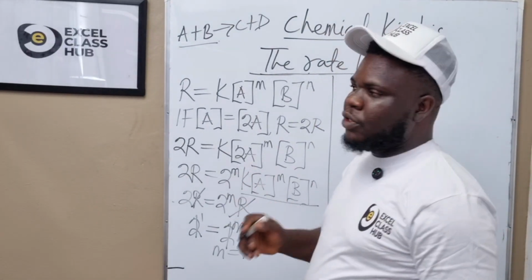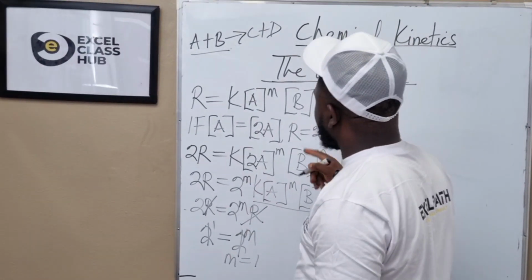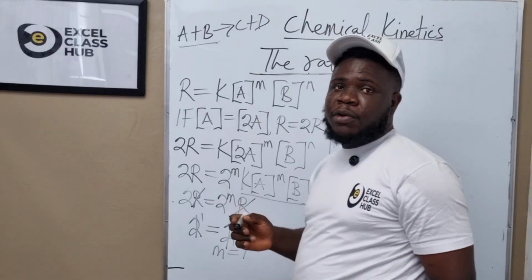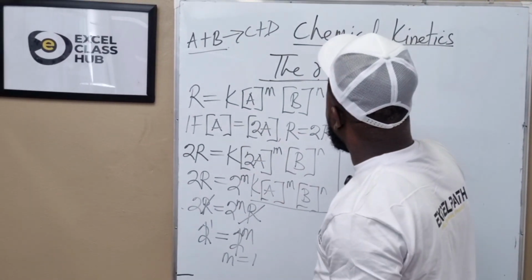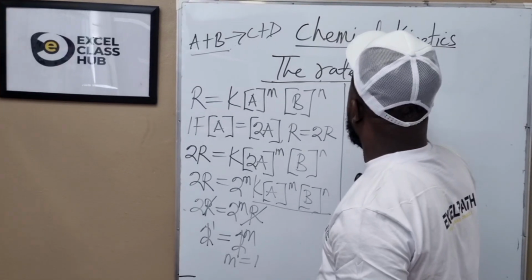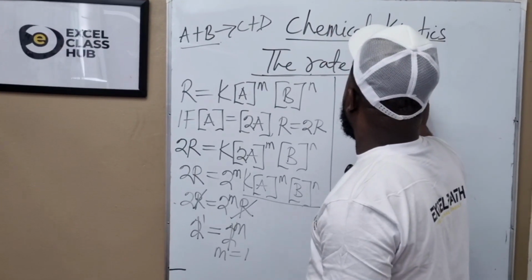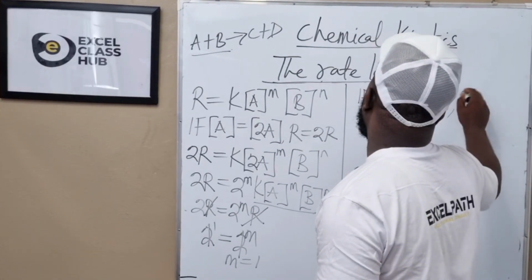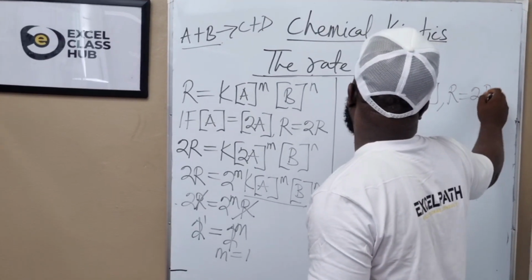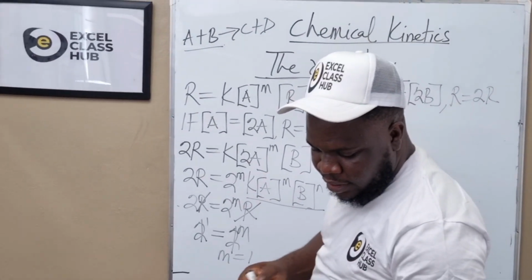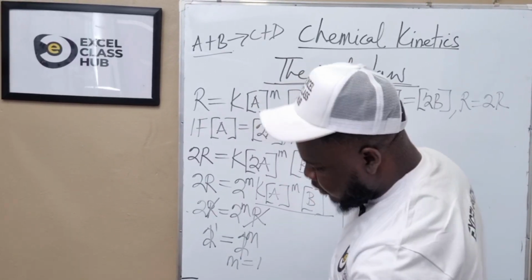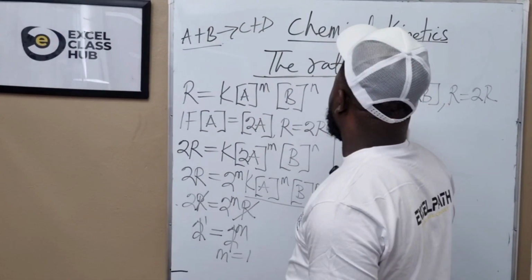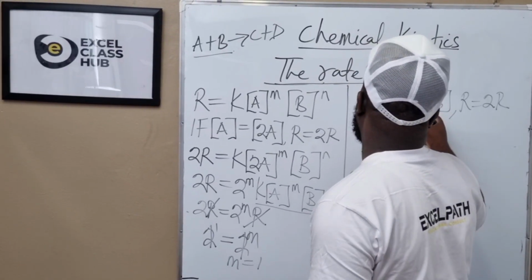The second observation says that doubling the concentration of B doubled the rate. So let's represent that in the form of a word problem again. If the concentration of B is equal to 2B, then R will be equal to 2R. That is, the rate will also be doubled. So anywhere you see B, you represent it with 2B.